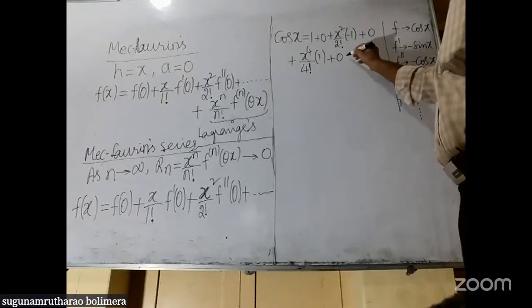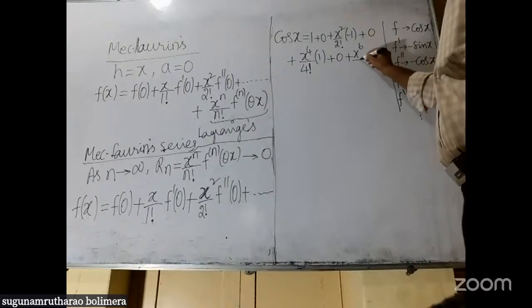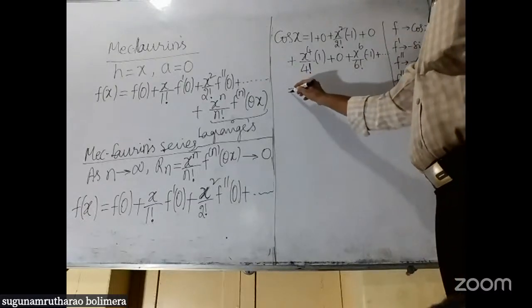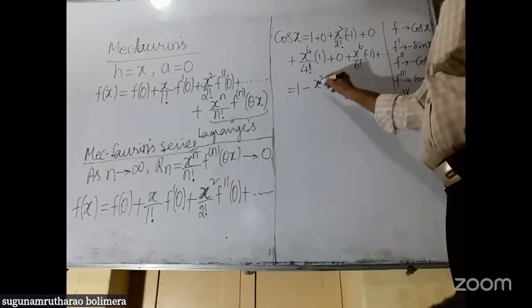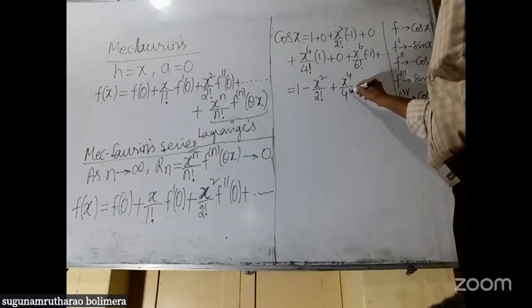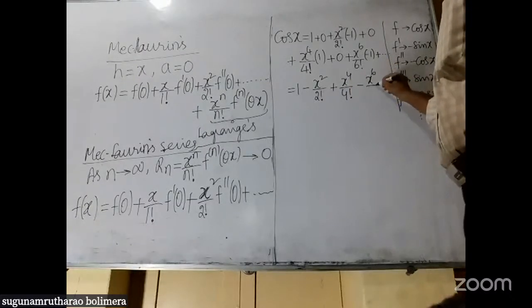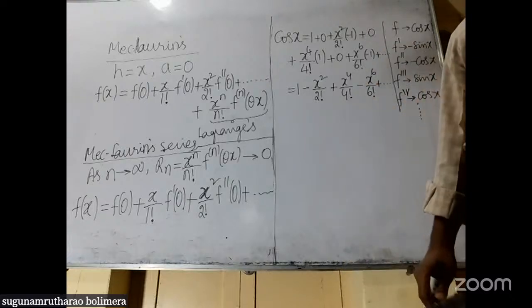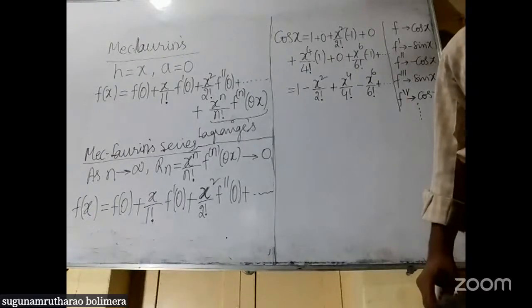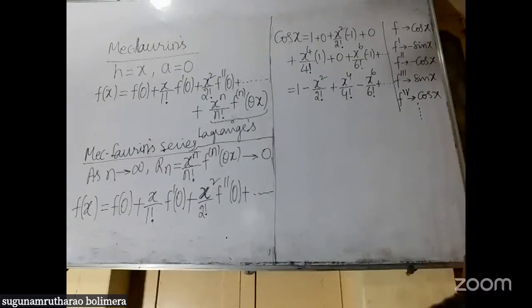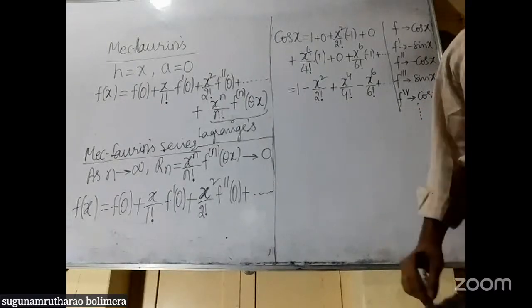You are going to write alternately x power 6 by 6 factorial, minus 1, plus 1. So cos x is nothing but 1 minus x squared by 2 factorial plus x power 4 by 4 factorial minus x power 6 by 6 factorial plus so on. So this is the cos x expansion.